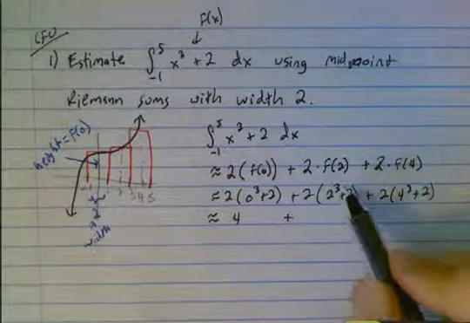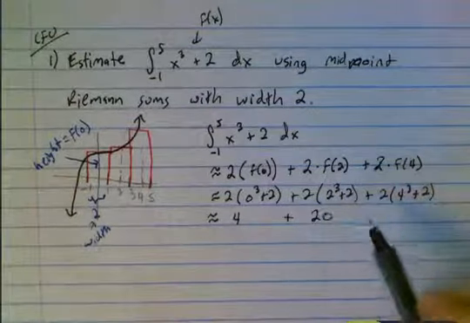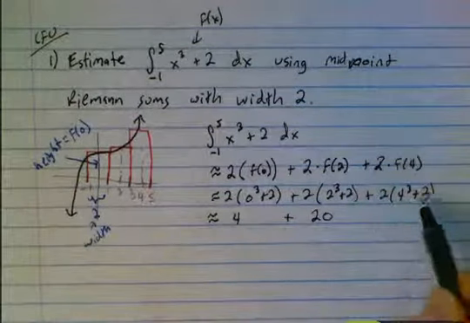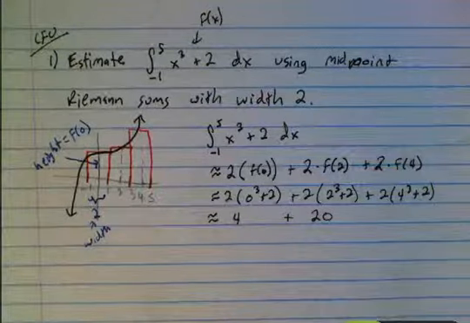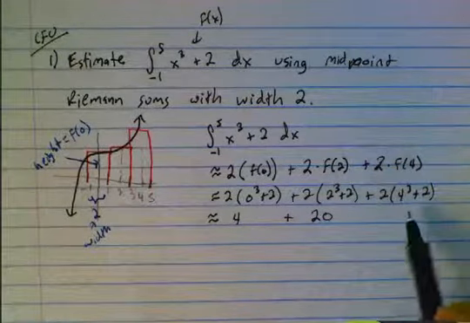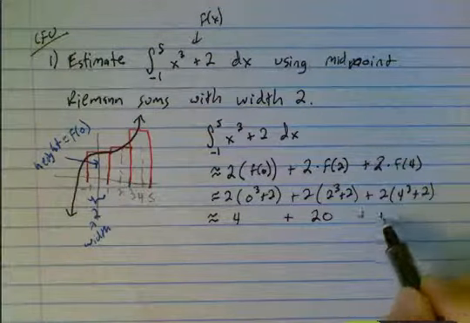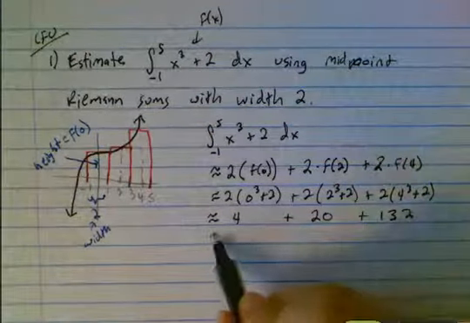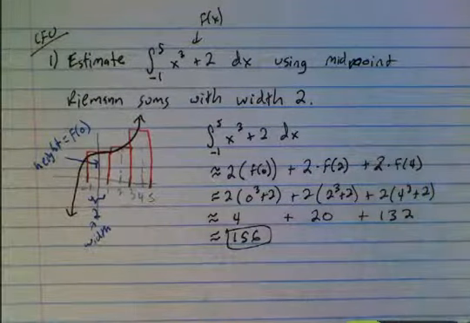This actually equals 10. 10 times 2 is 20. And this equals 30. This equals 66, so 2 times 66 is 132. And there's our answer.